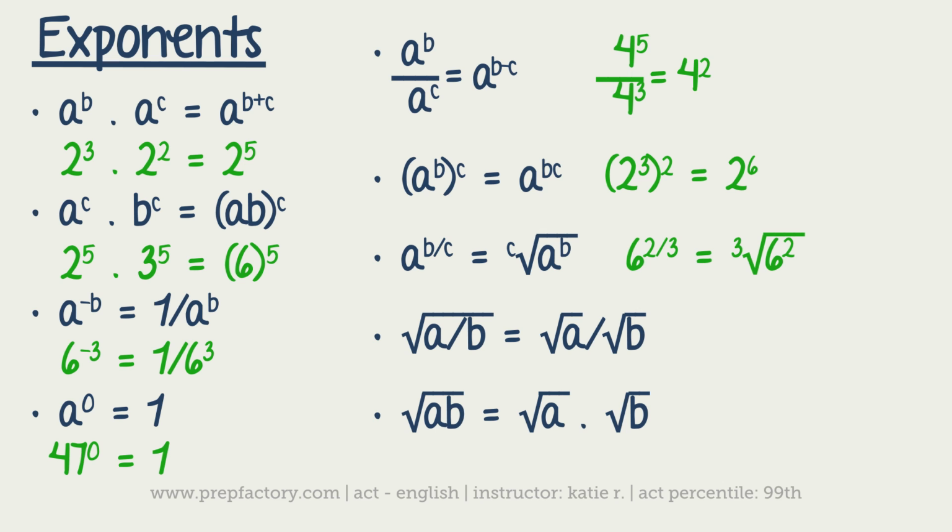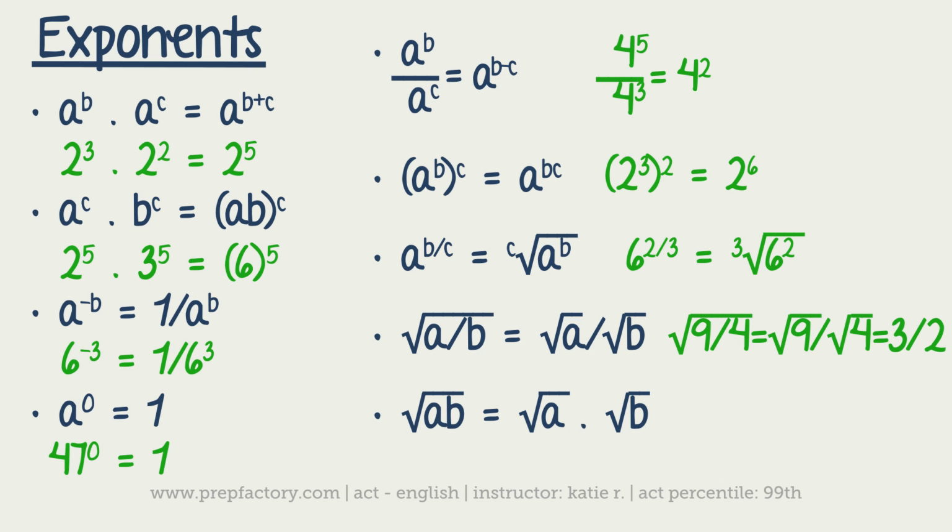Our next one, radical a over b, this whole radical is over the whole thing, is equal to radical a over radical b. So if I said something like radical 9 over 4, that would be radical 9 over radical 4, and I purposely picked those because it goes down to 3 over 2.